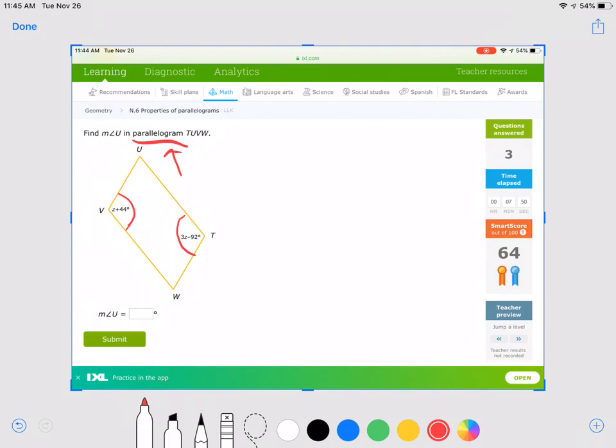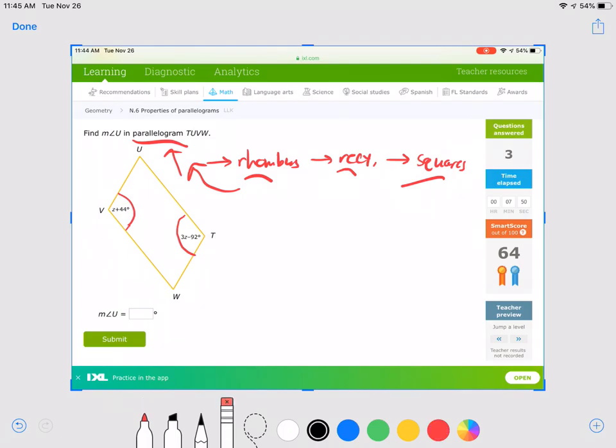And remember, if that's true for parallelograms, then it's also true for rhombuses, it's also true for rectangles, it's also true for squares, because all of these are parallelograms. But anyways, in this one we just have a parallelogram.